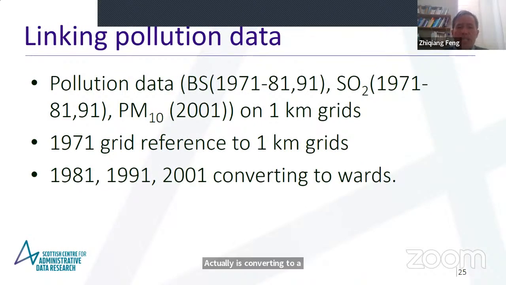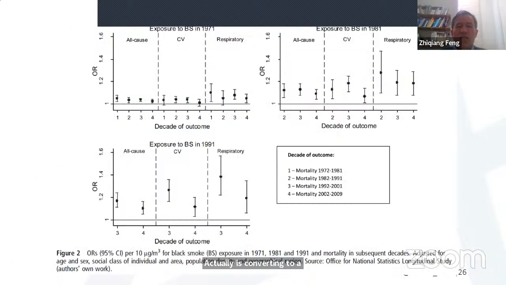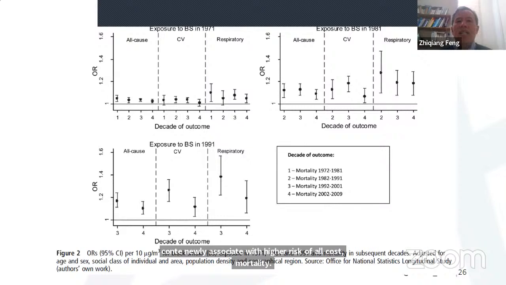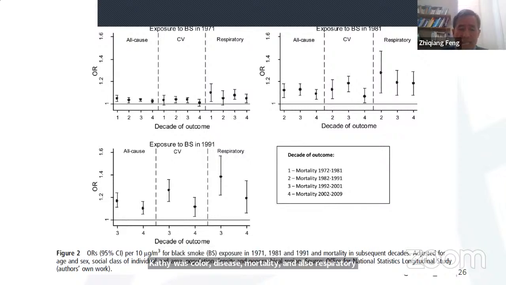So here is their result. Basically, they show that black smoke of 1971 is continuously associated with higher risk of all-cause mortality, cardiovascular disease mortality, and also respiratory mortality.